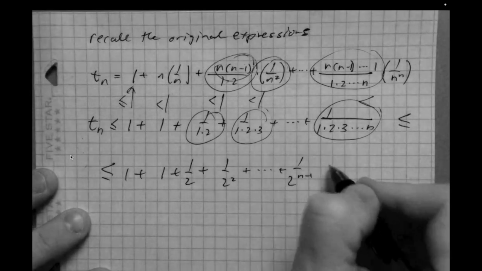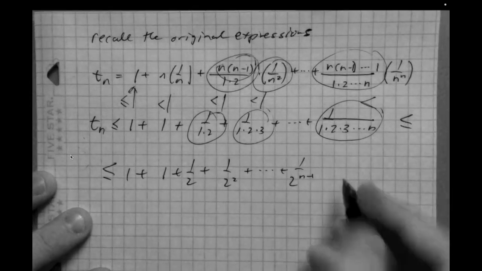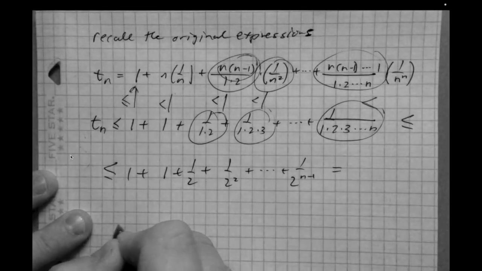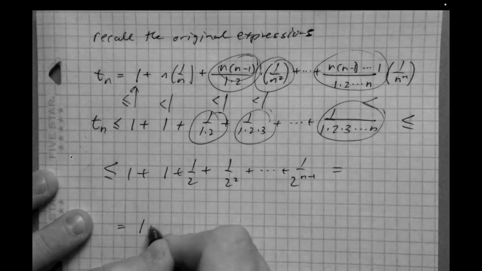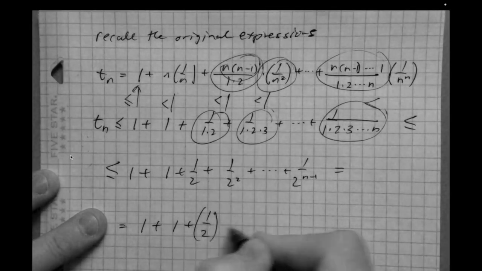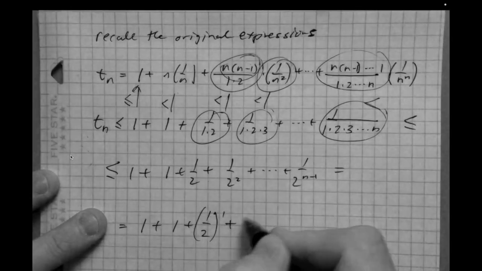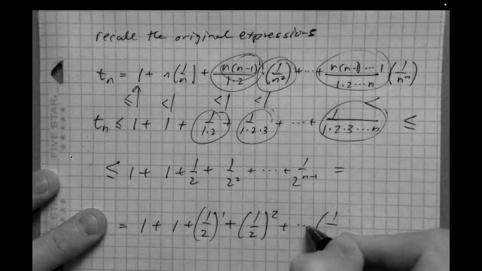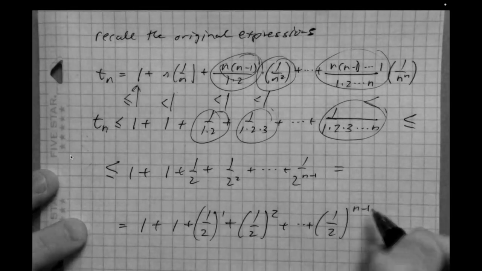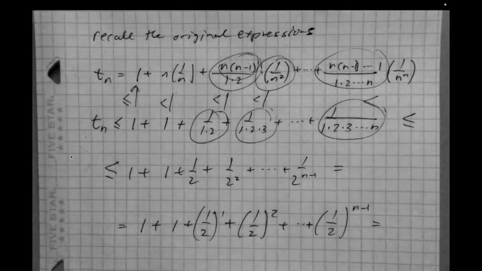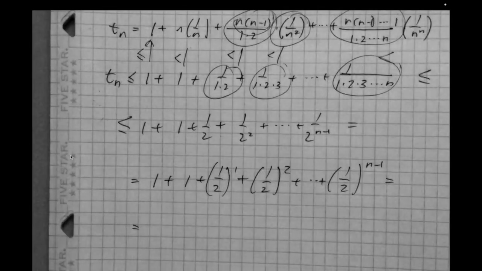Okay, right? And what is this? Well, you can think of this as 1 plus 1 plus 1 over 2 to the first power plus 1 over 2 squared plus dot dot dot plus 1 over 2 to the n minus 1. And this is a familiar series that we've seen. You may recall this from calculus.